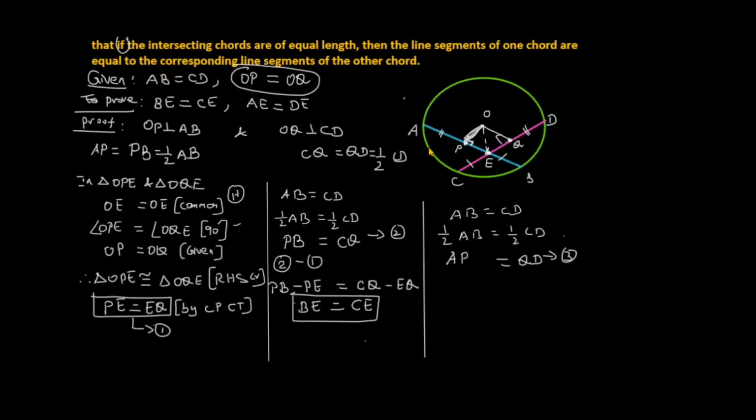If we add 3 and 1, we get AP plus PE is equal to QD plus EQ. Equal quantities are added. So, AP plus PE is nothing but the segment AE, and QD plus EQ is the segment DE.